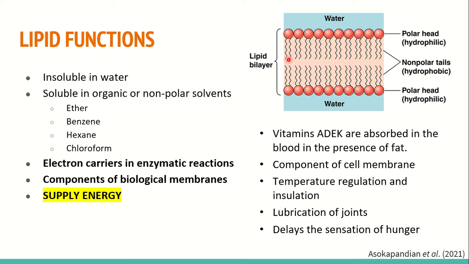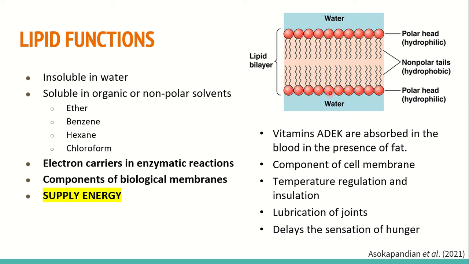This is actually the structure, the parts of your cell membrane. Our cell membrane is actually called a lipid bilayer, because what comprises the structure of your cell membrane or plasma membrane are lipids. It is a lipid bilayer, two layers of lipids.